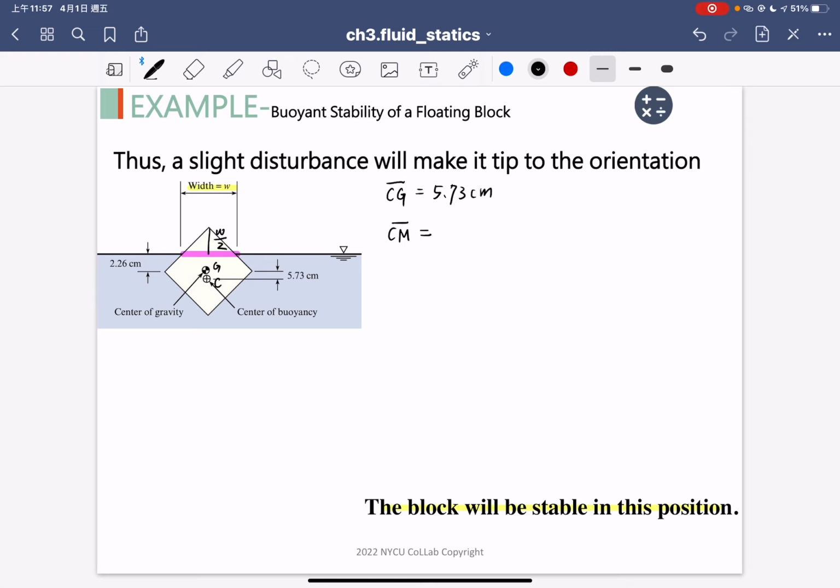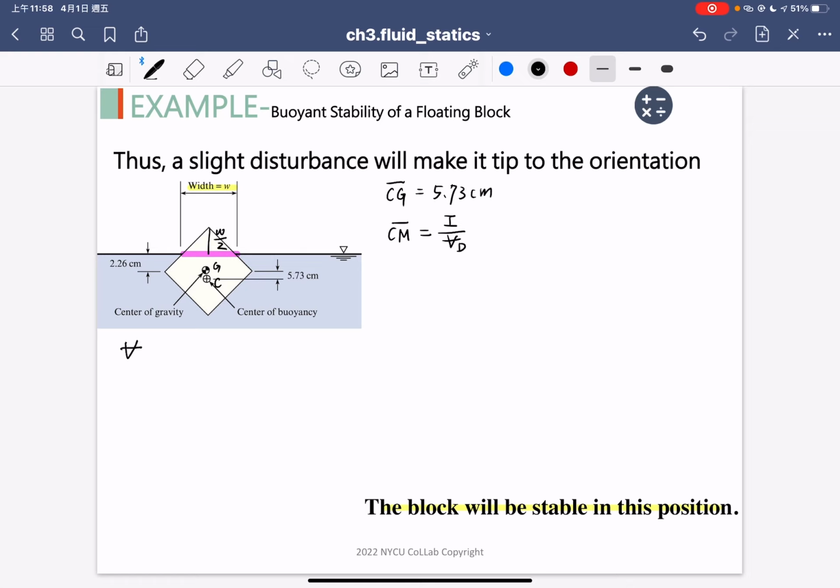So we only need to calculate the CM length, right? And the CM length is I divided by VD again. So we need to know what the VD is, and then what the W is. If we know the W, we can compute all of the solutions. Okay, so how can we compute the VD?